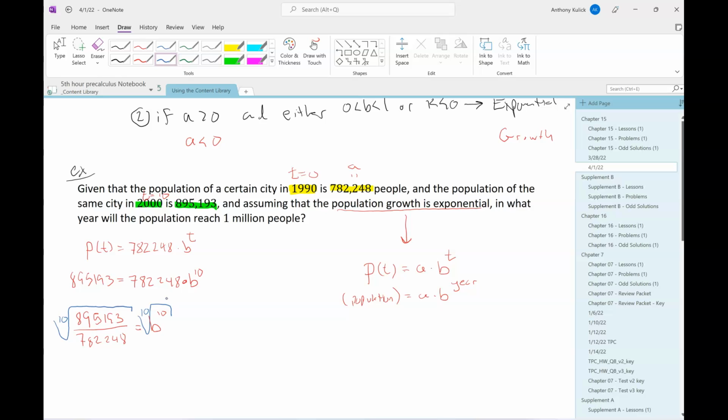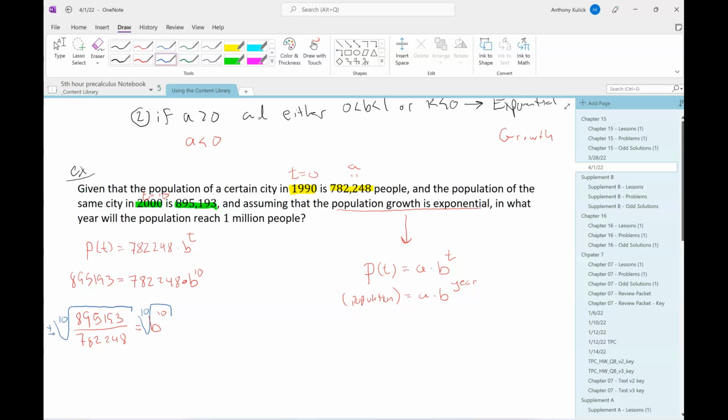Now because this is an even root, it needs to be a plus or minus when we're doing it to both sides. If it was an odd root, do I need the plus or minus? Nope. Remember with even roots, can we take the even root of a negative number? No. Can we take the odd root of a negative number?